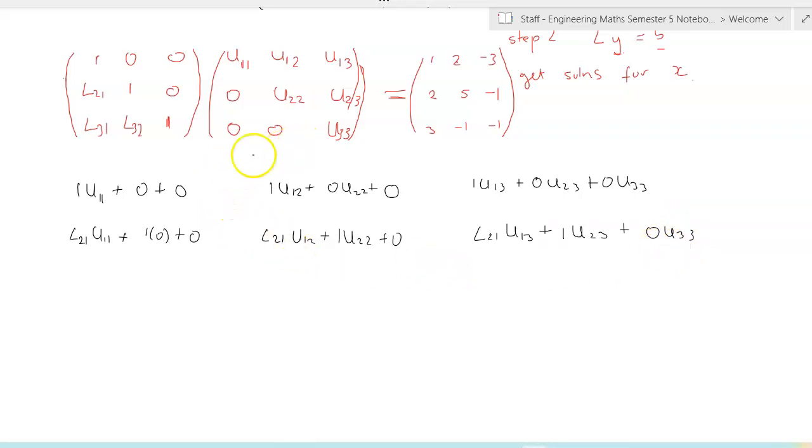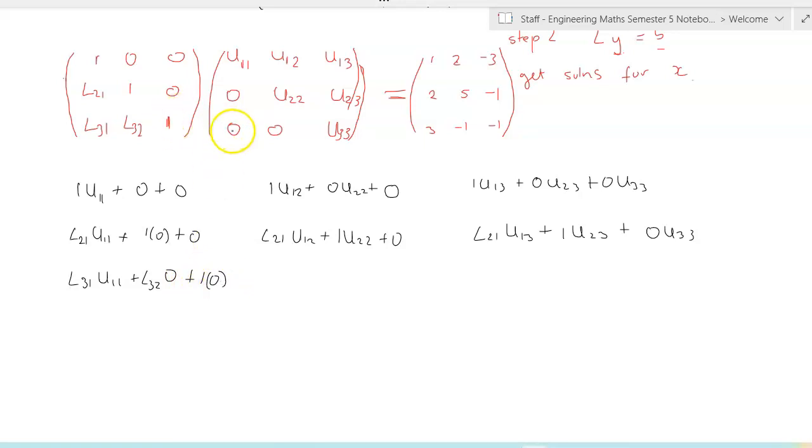And now we're at the last row. So it's the last row times the first column. So we'll have L31 times U11 plus L32 times 0 plus 1 times 0.